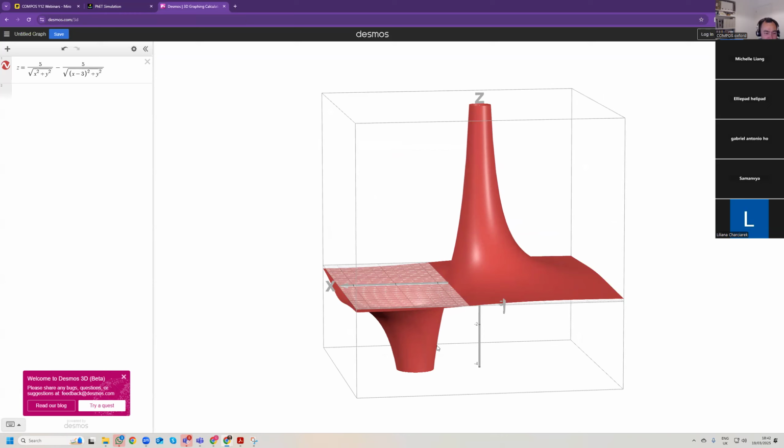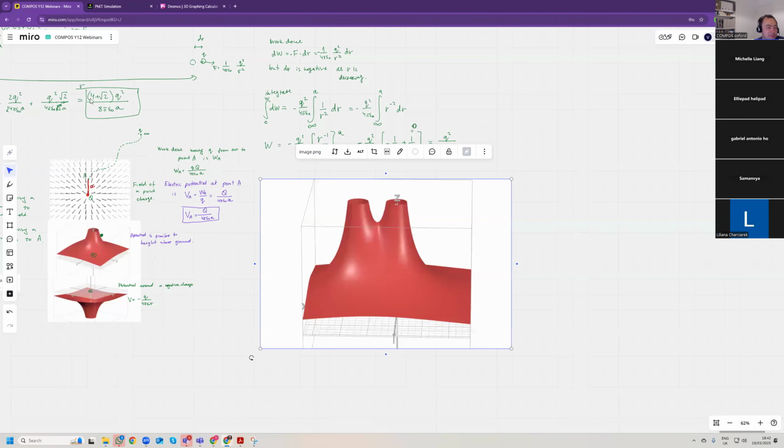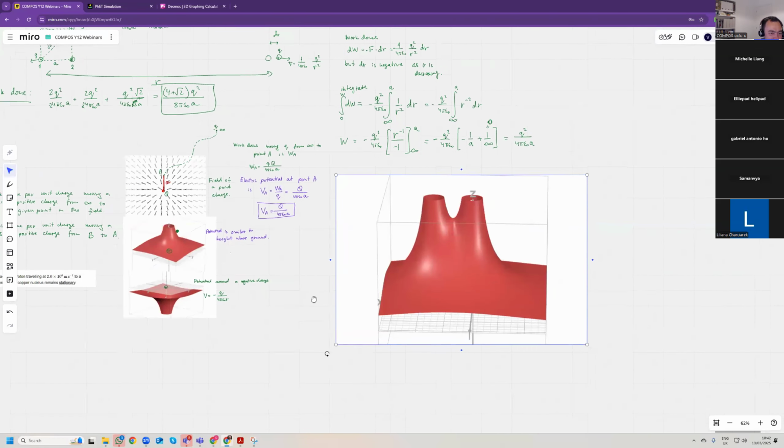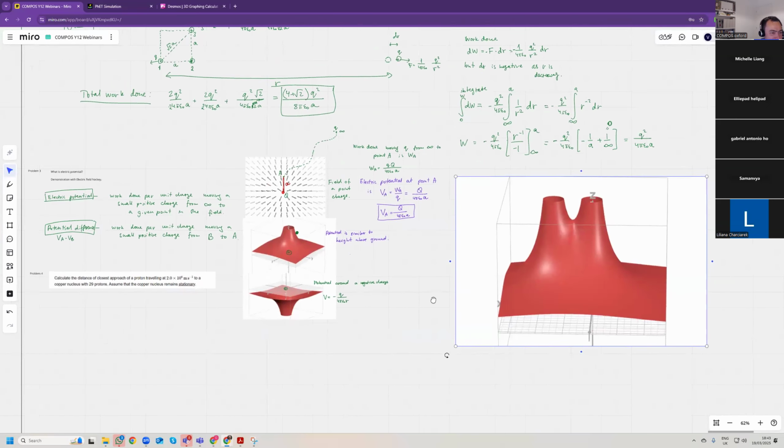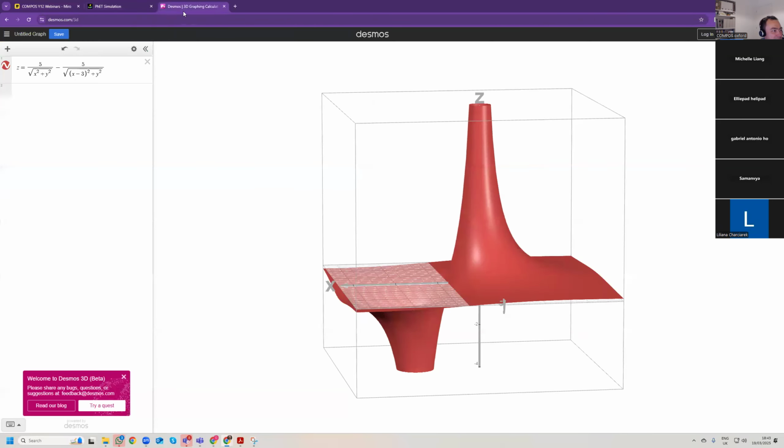Now, of course, this is more like infinity, but we can imagine it's finite, because of course we understand that we don't have infinitely strong fields. I wonder if we can rectify this, if we can add some numbers.